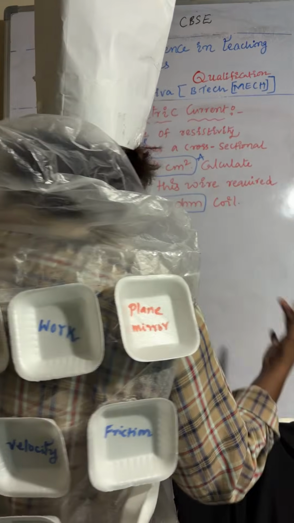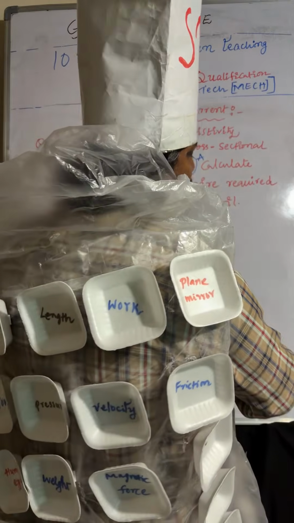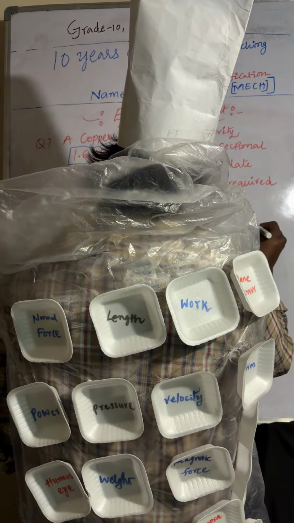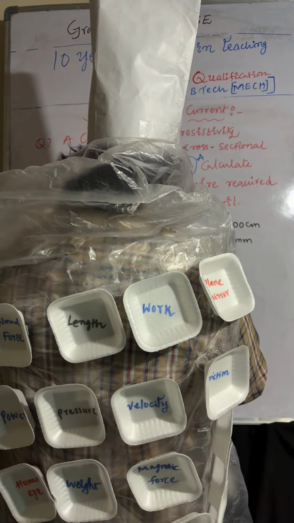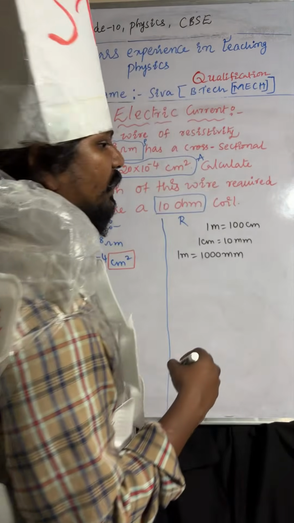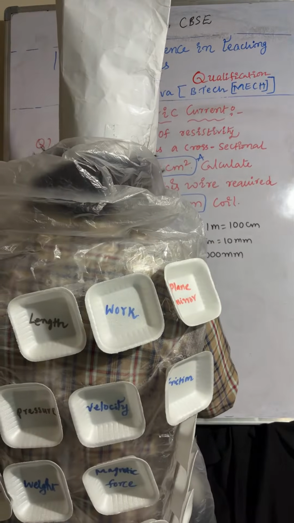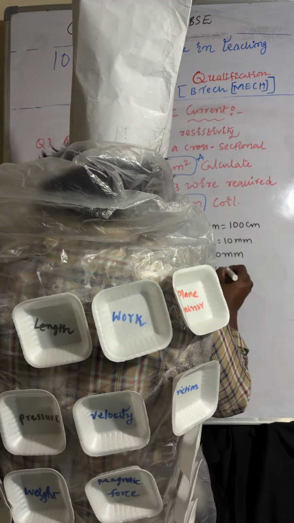Now we have to go with that. 1 meter equal to 100 centimeter. 1 centimeter equal to 10 mm. Then 1 meter equal to 1000 mm, that is 10 power 3 mm.